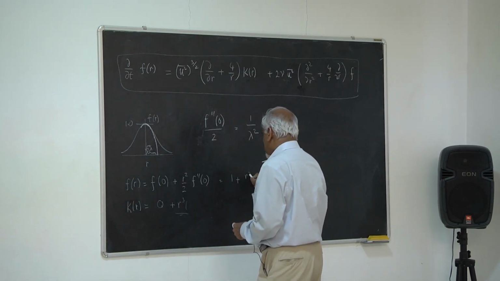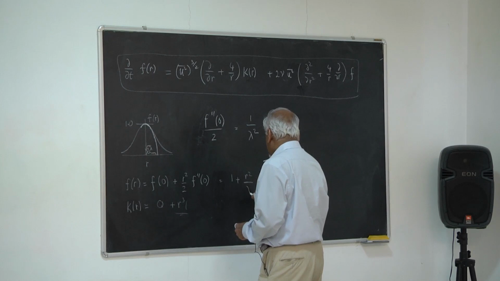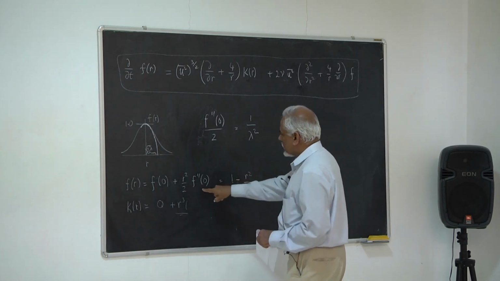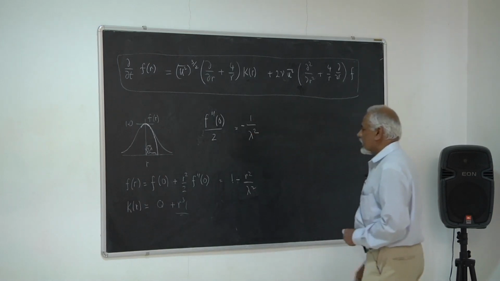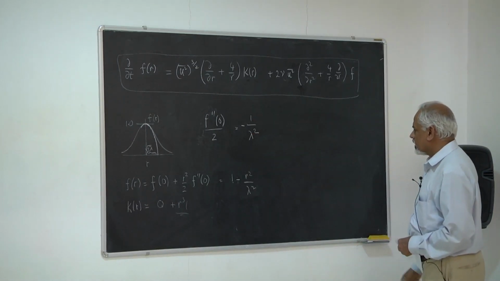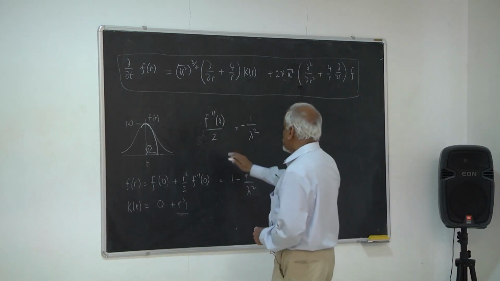So this is simply equal to 1 minus r squared by lambda squared. So f double prime is going to be negative, so I need that. So it will be something like that.